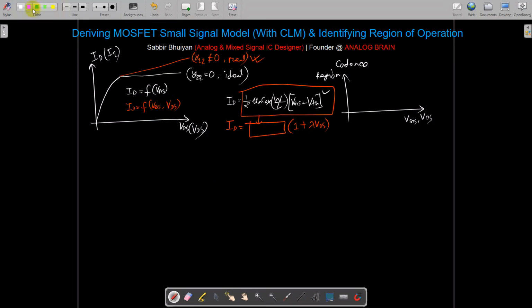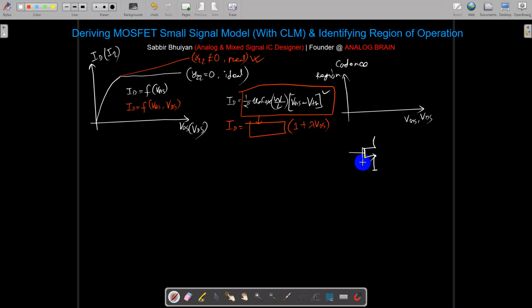Okay, so now how can you model that? Let's simply think about a scenario. Suppose we have a MOSFET here. This is our NMOS, and this terminal is grounded, and I'm assuming that the MOSFET is properly biased.